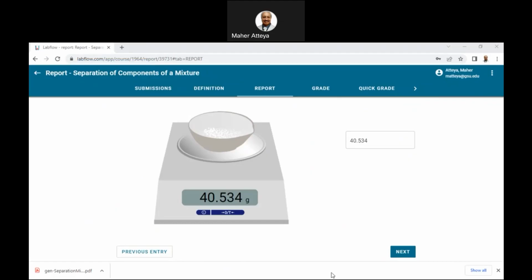I'm copying this one here. As you can see, the mass reduced from 40.635 that we started with to 40.53. So then I have to copy this one here, and then paste it down here, and then click next. So here it is.